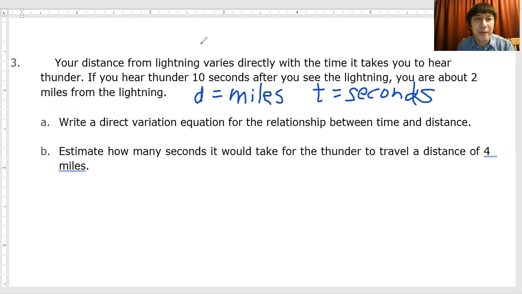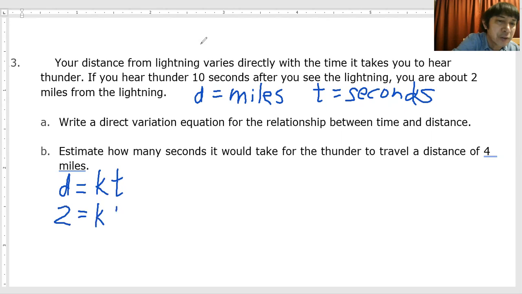So the distance from lightning varies directly with time. We can start with D equals K times T. And we have two values there: if you hear thunder 10 seconds after you see the lightning, you're about 2 miles away. So we can use the 2 miles over here for D, K remains K for a while, and our time T is 10 seconds.